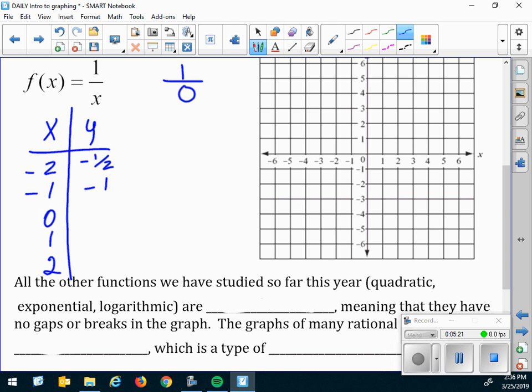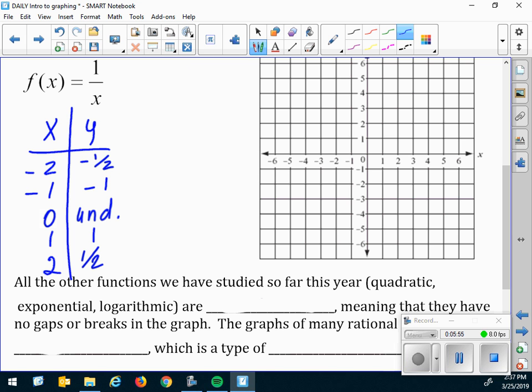Can you divide by 0? No, you cannot divide by 0. You just abbreviate as UND for undefined. If x is 1, then I have 1 over 1, which is 1. If x is 2, then this is 1 over 2, which is a half. Go ahead and leave them as fractions, okay?